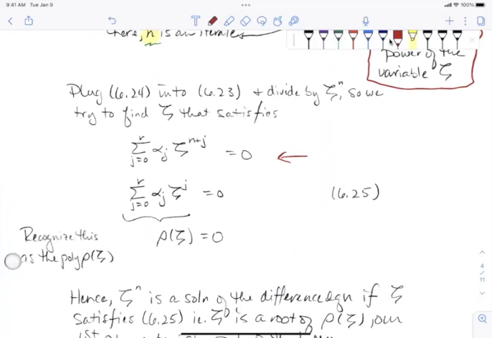So if you think about it this way, you can say, all right, well, this is really the same as zeta to the power of n factored out, like so.